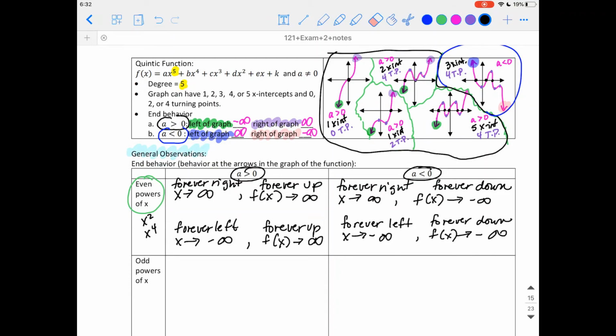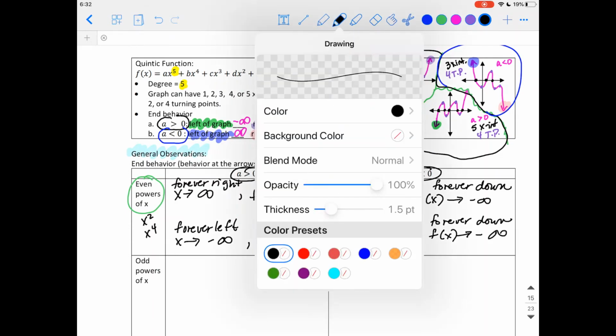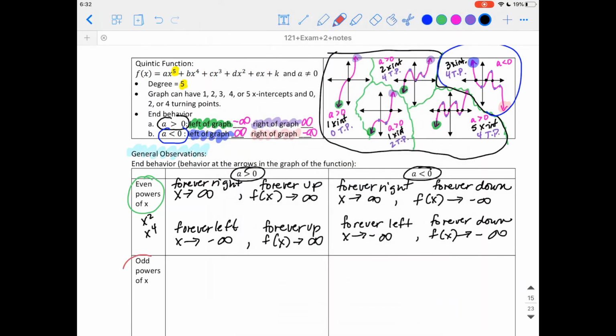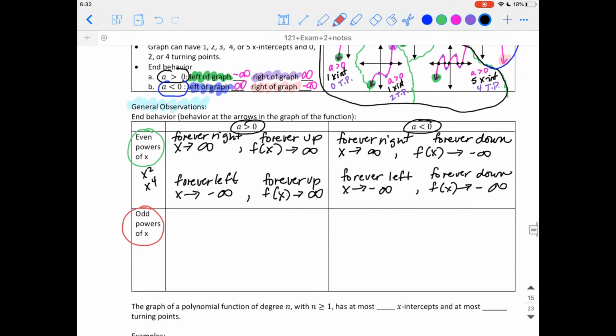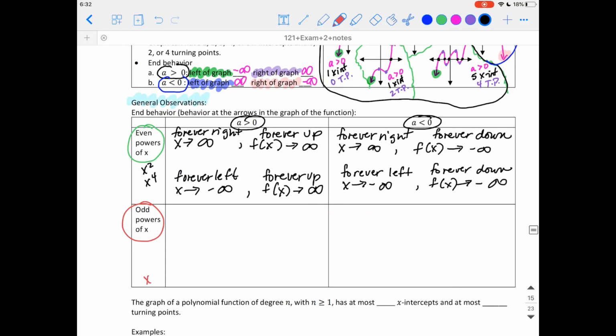Okay, now odd powers of x. So odd powers of x, we can put them another color here. So odd powers of x are going to be this one, like a quintic. So we had x to the fifth, we had x cubed, and technically we had x to the understood power of 1.